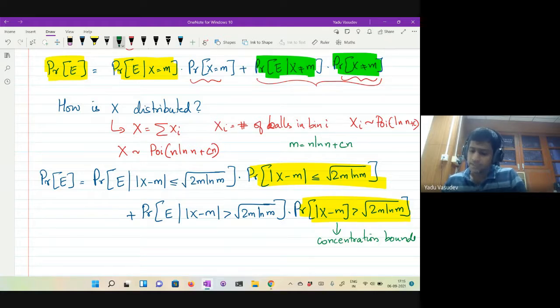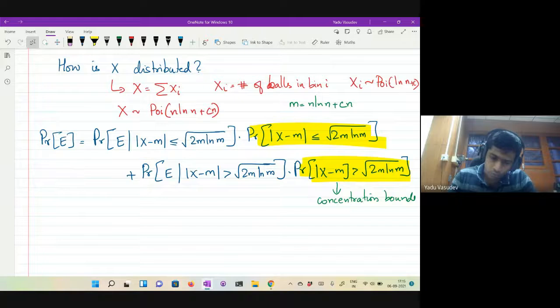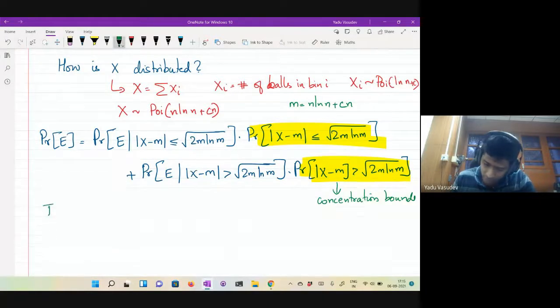These two probabilities are saying that the random variable is concentrated around its mean, correct? So what are we going to do next? We're going to prove two things.